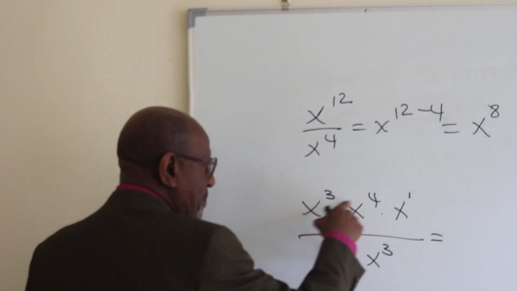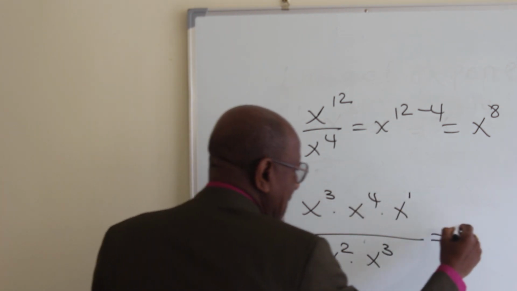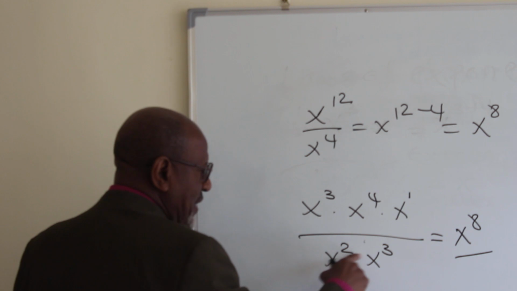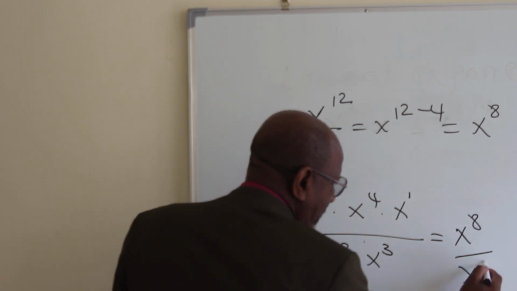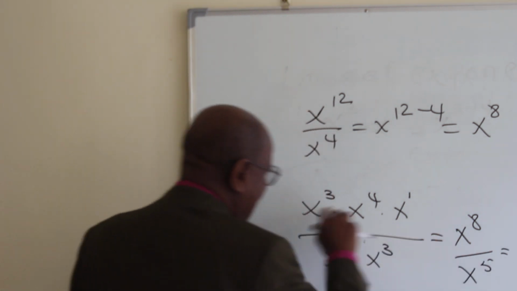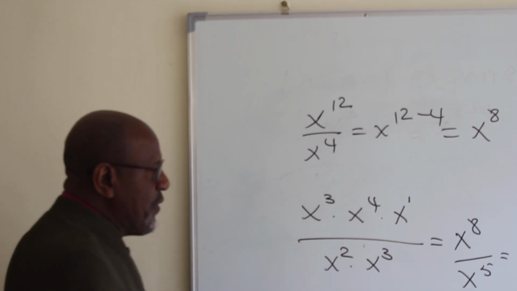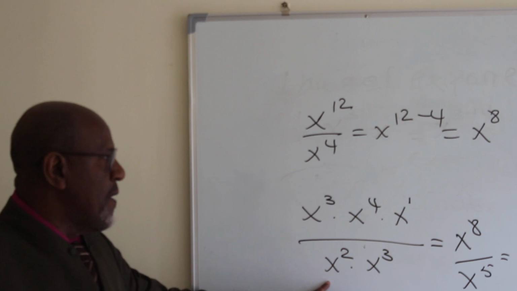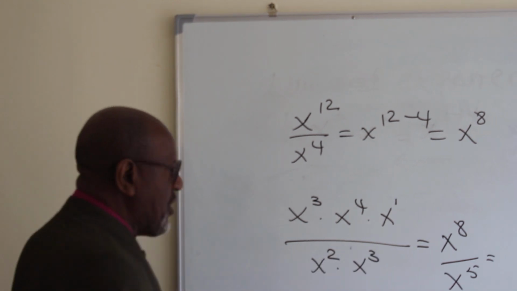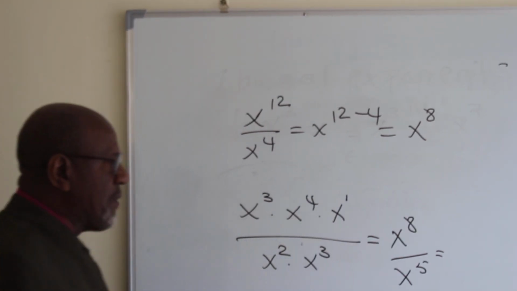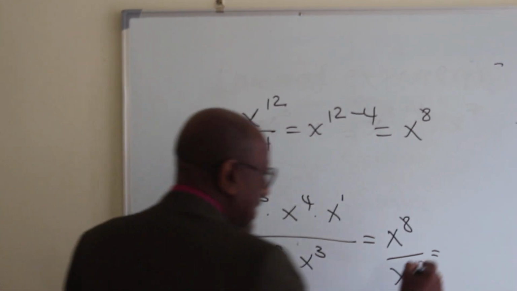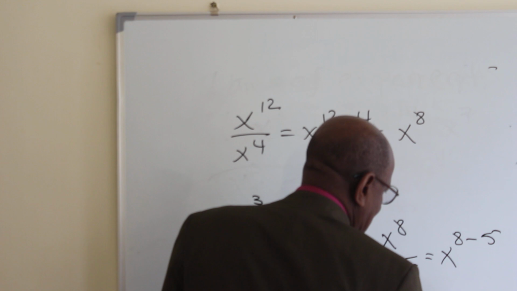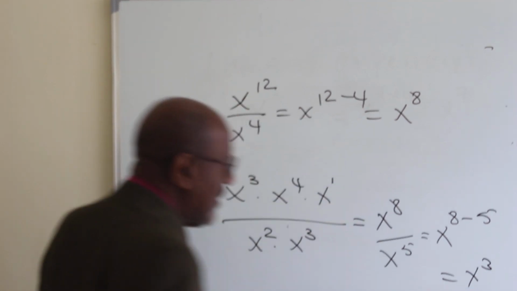So 3 plus 4 is 7, plus 1 is 8. That's x to the 8th power. And here we have 2 plus 3 is 5, so it's x to the 5th power. So in the numerator we use the first rule. In the denominator we also use the first rule. Now we use the second rule. Terms of the same base, when divided, we subtract the exponents. That is x to the 8th, take away 5, that's x to the 3rd power.